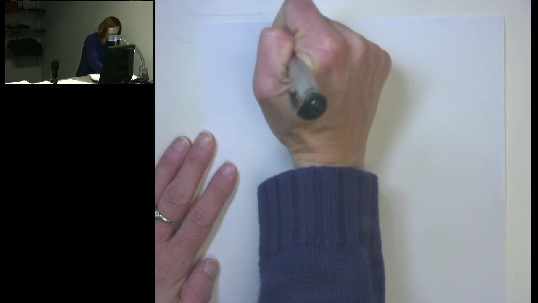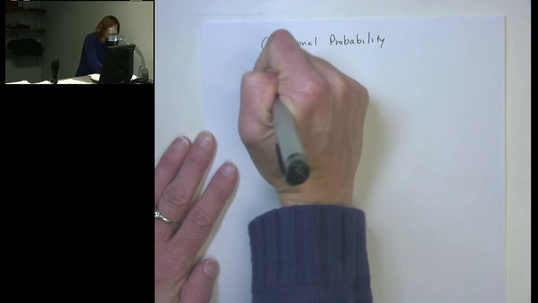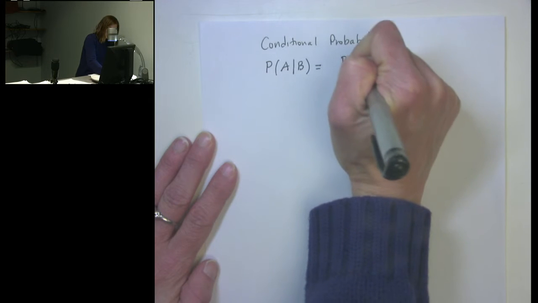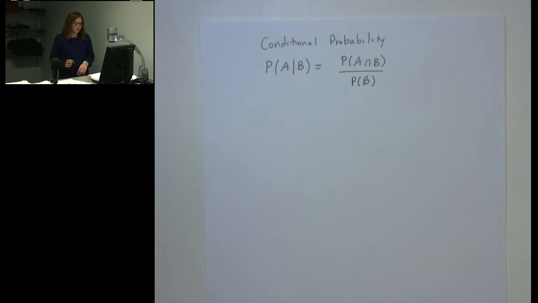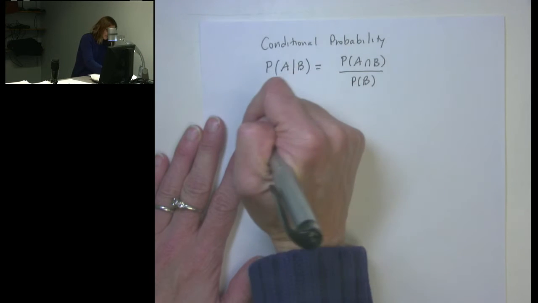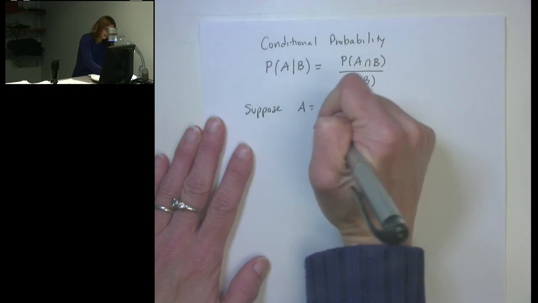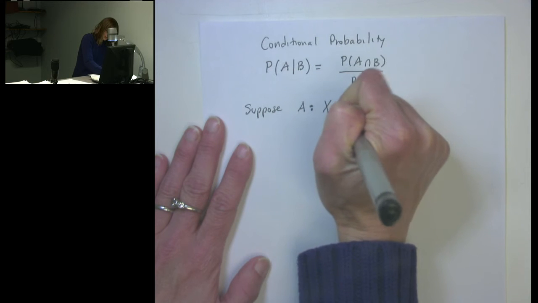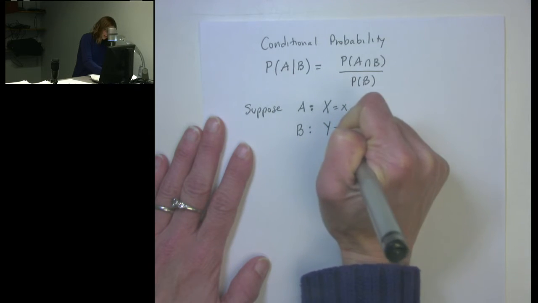Now remember when we talk about conditional probability, we said that the probability of A given B was the probability of A intersect B divided by the probability of B. We had 2 events A and B. Suppose we consider event A is that x takes on a particular value little x, and event B is that y takes on a particular value little y.